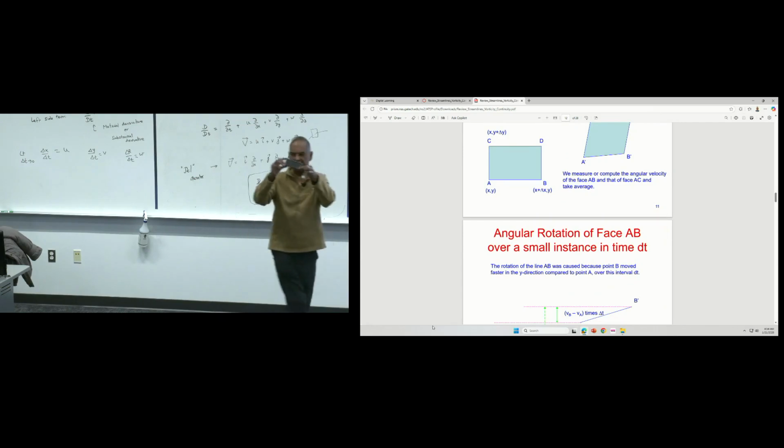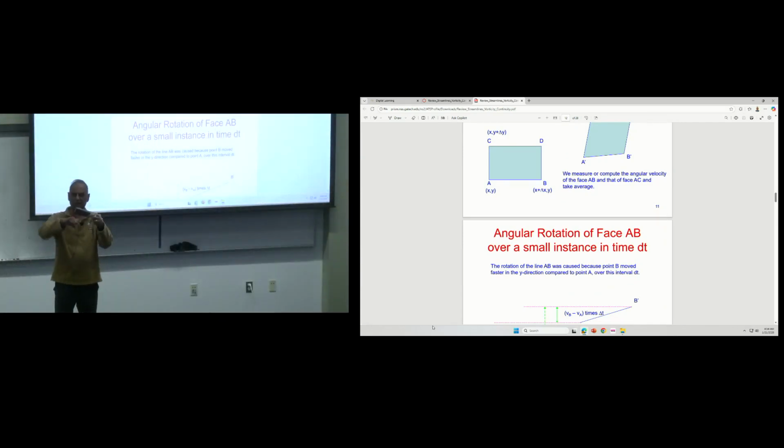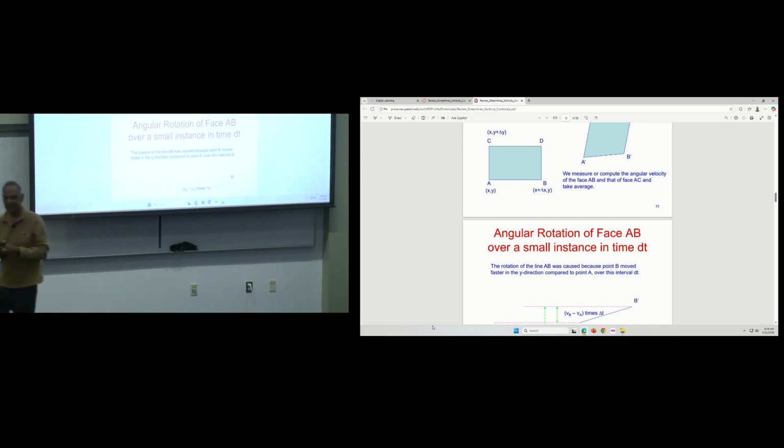As it goes from point A to point B, as it rotates, this edge can rotate at one angular velocity. This may rotate at a different angular velocity because it can deform. So I'm going to take the average of the AC line, how does it rotate, and the AB line, how does it rotate. I'm going to take an average of it. That's where that 1/2 came from. To get rid of that 1/2 is why they had to multiply everything by 2.